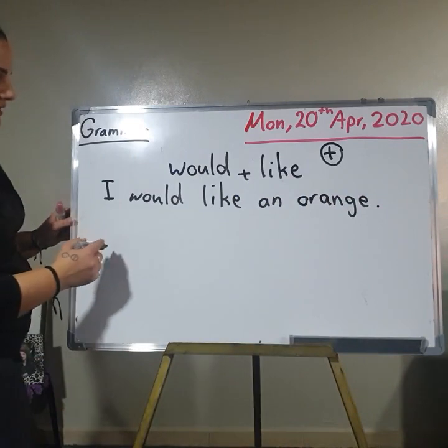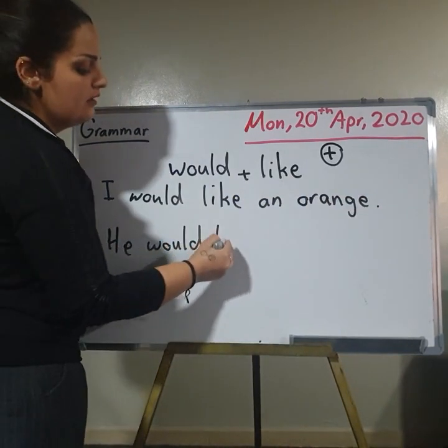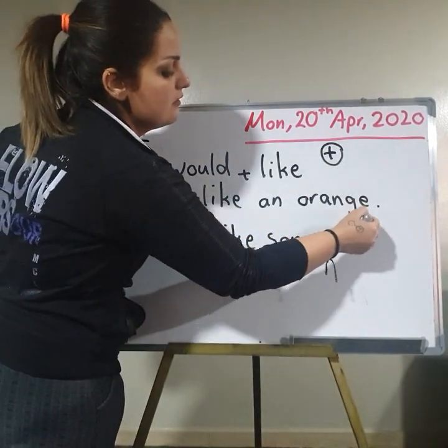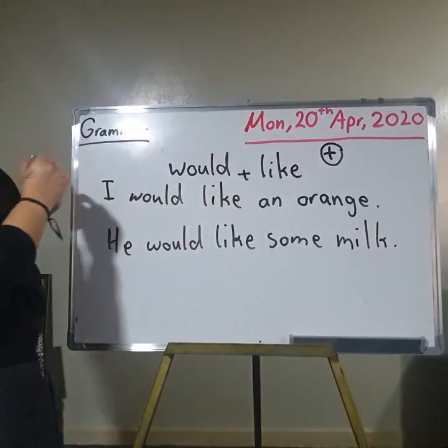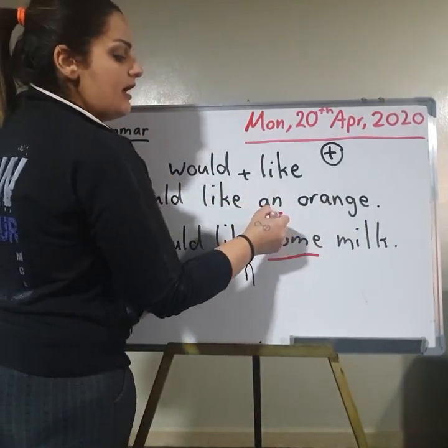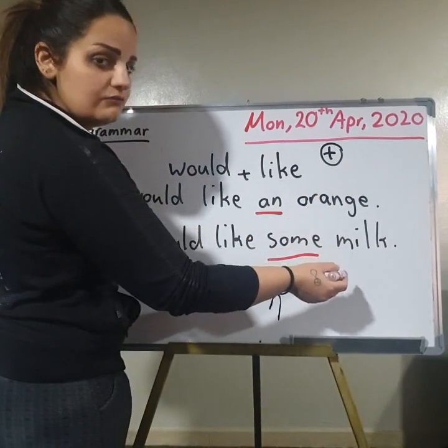Okay? Or you say, he would like some milk. So you see how I'm using an and some. And I use an with a singular countable noun and some with an uncountable noun.